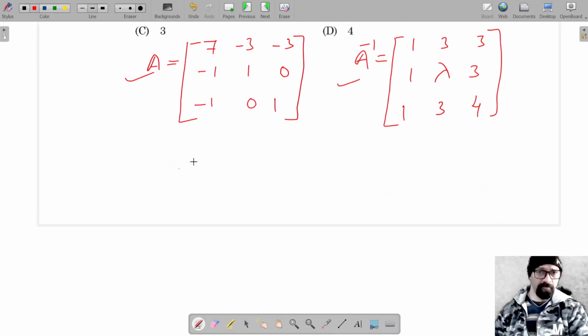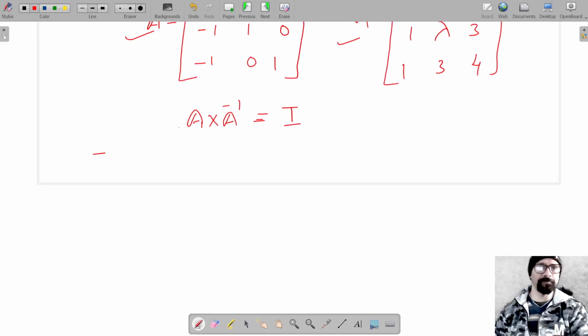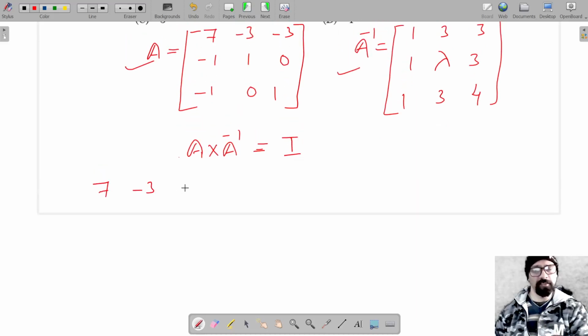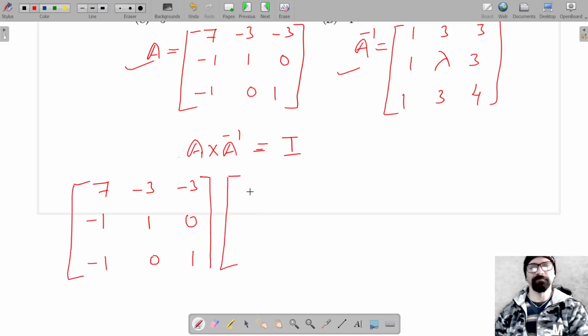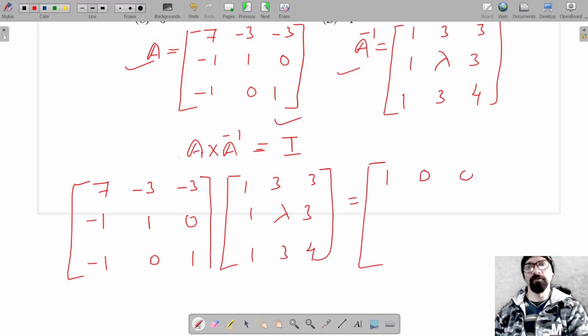We know that if we multiply A into A inverse, it gives me the identity matrix, because A inverse exists for an invertible matrix. So let's get the product of these.